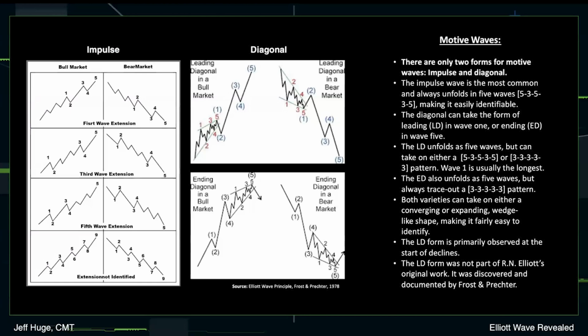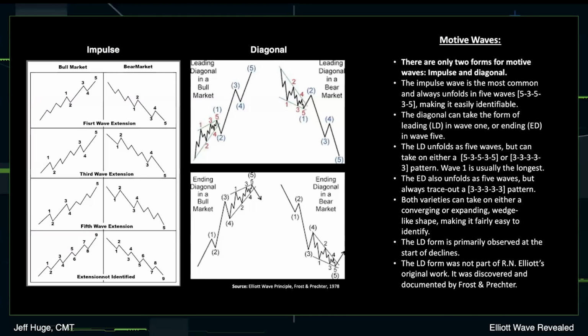So the leading diagonal form was actually not part of R.N. Elliott's original work. It was discovered and documented by Frost and Prechter, and they published the first evidence of it in their seminal book called Elliott Wave Principle, which was published back in 1978.